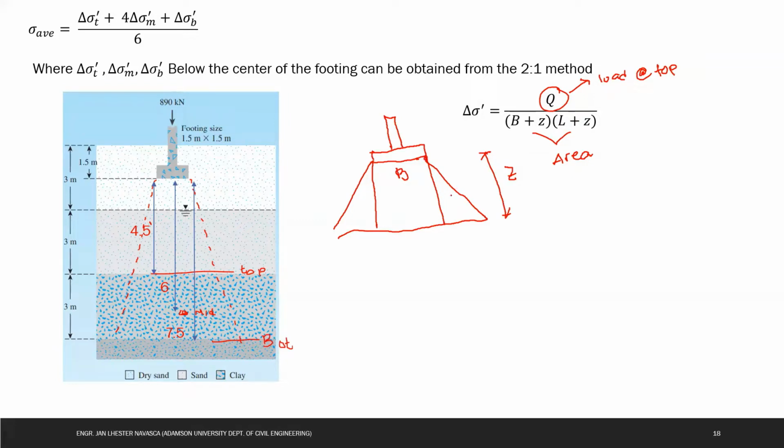So from the ratio of 2:1, this should be Z, so this is Z over 2, and this is Z over 2. This is your length Z over 2, this is your length Z over 2, and this is your length B. So how to solve for the total length of this projection line? It's just simply B plus Z over 2 plus Z over 2.